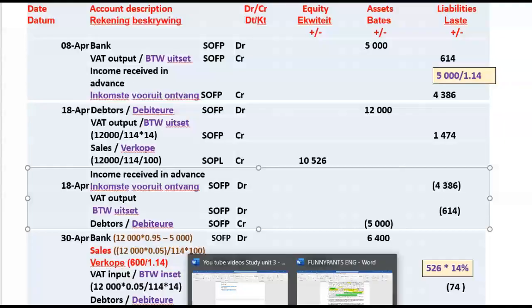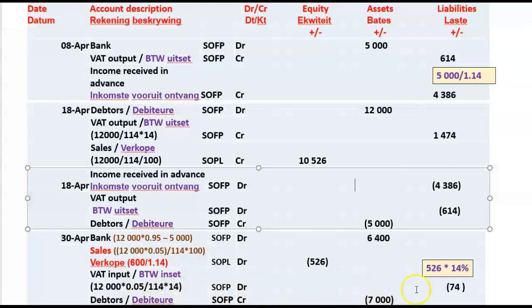Good. Just to go back here, debtors is then cleaned out with an amount of 7,000 rand, which is the 12,000 less the 5,000, which is 7,000. I've received 6,400 rand additional in the bank, so I've received in total 5,000 plus 6,400, which is 11,400.